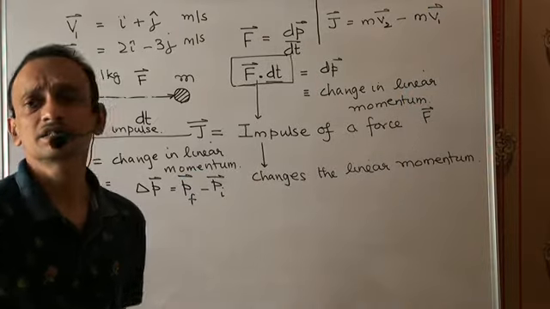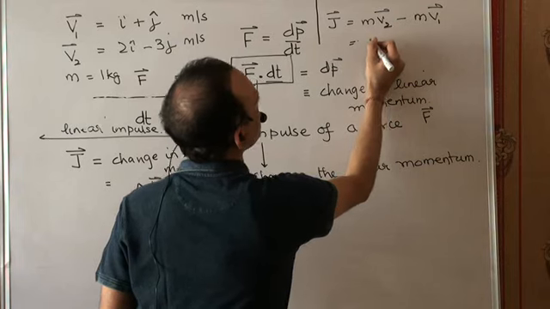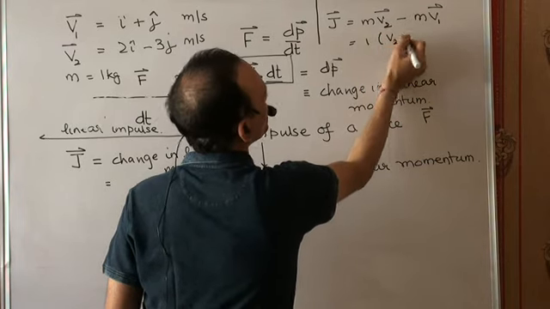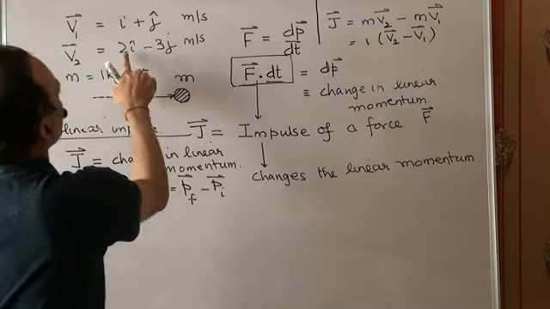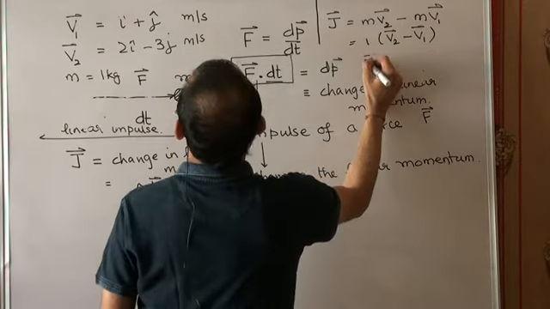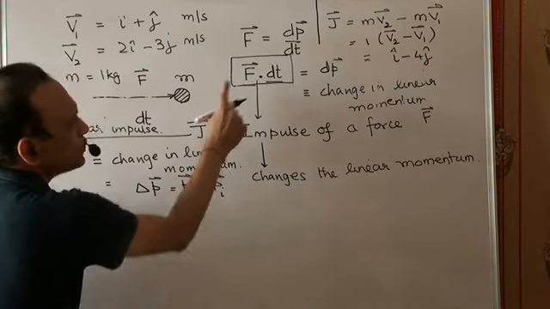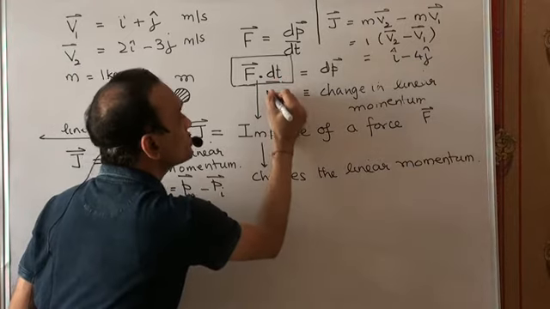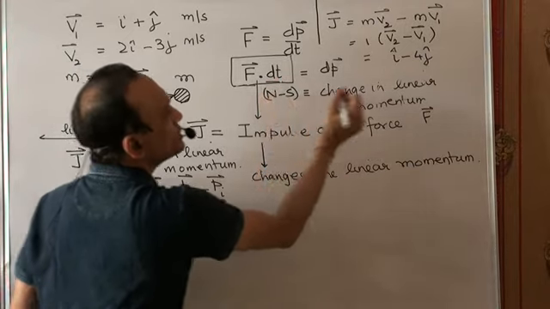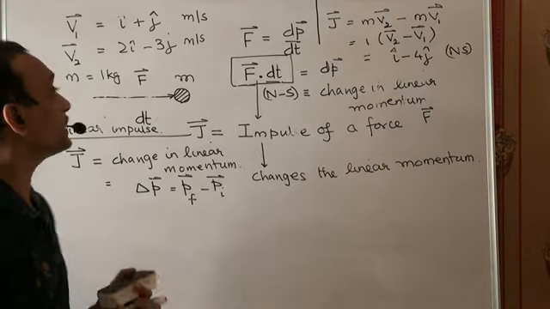So that's change in linear momentum, which, m being 1 kg, makes it simply 1 into v2 minus v1. As you can see, v2 minus v1 is i minus 4j. And very clearly, the unit of linear impulse is Newton into time. So Newton second is the SI unit of linear impulse, right?